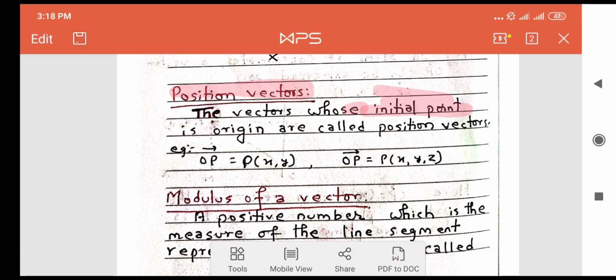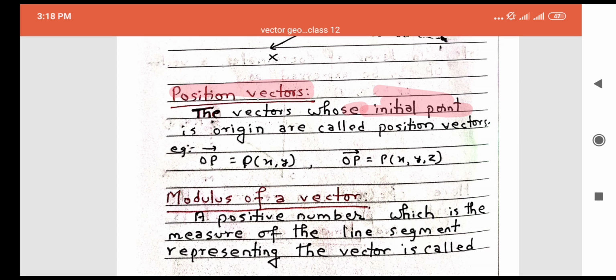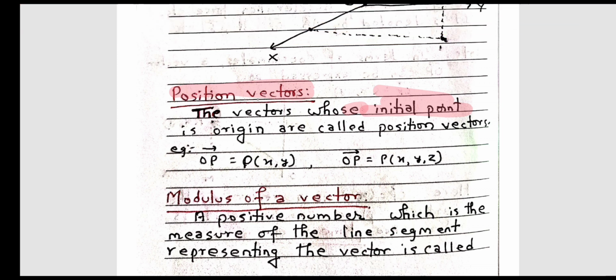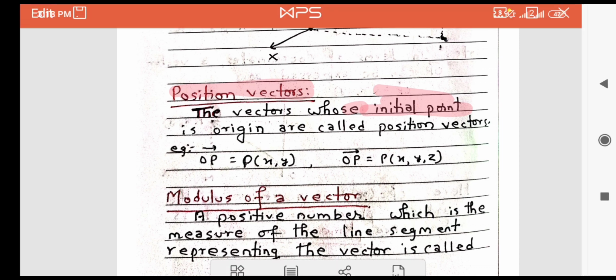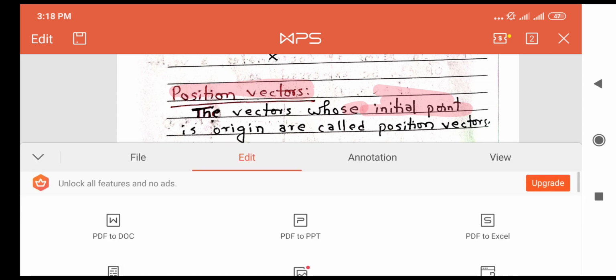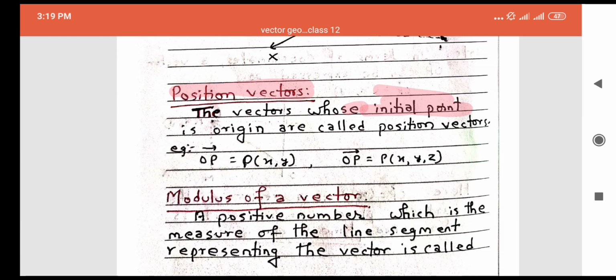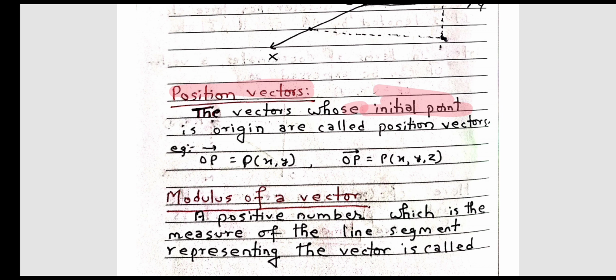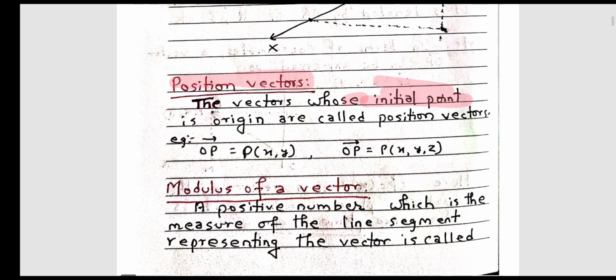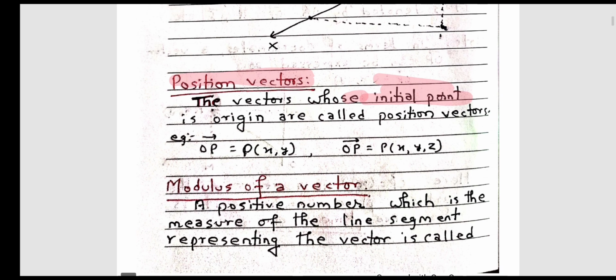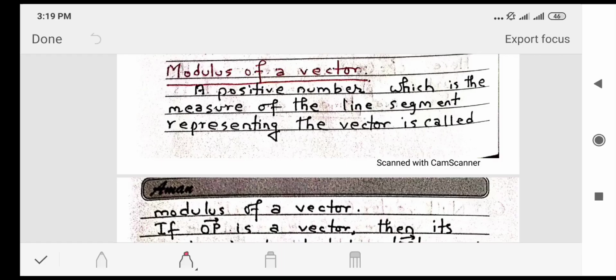So the vectors whose initial point is the origin are called position vectors, like OP vector is equal to (x, y), OP vector is equal to (x, y, z). You can see these examples. These are examples of position vectors.